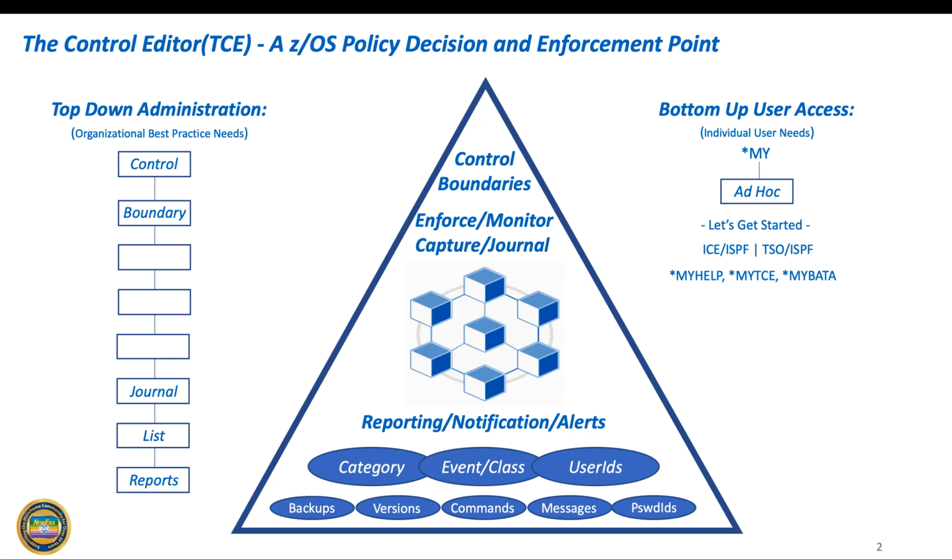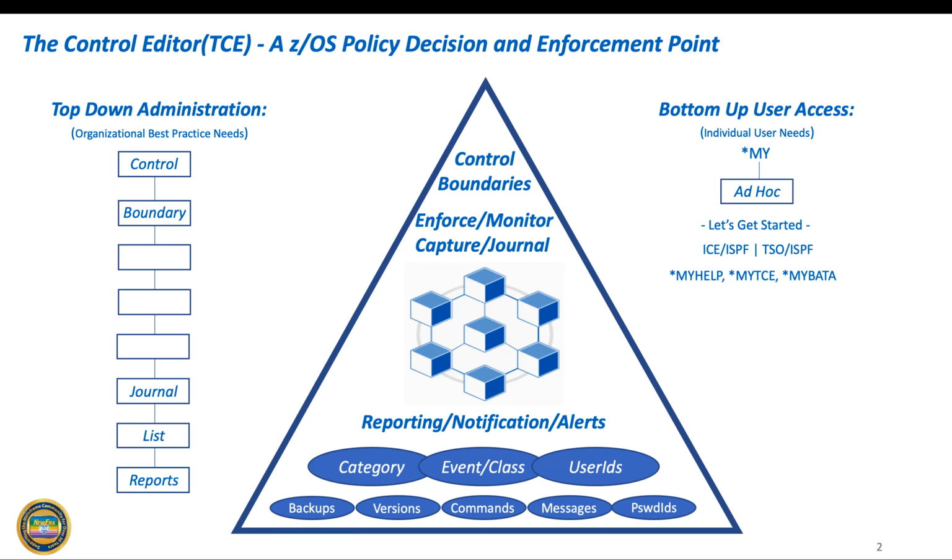Now, classically speaking, the types of reporting that is done that satisfies the organizational requirements is done by administrators in a top-down type approach, where they begin with controls, establish boundaries, examine journals, look at lists of potential targets for reporting, and then select from a collection of reports to be sent at some interval that they define.